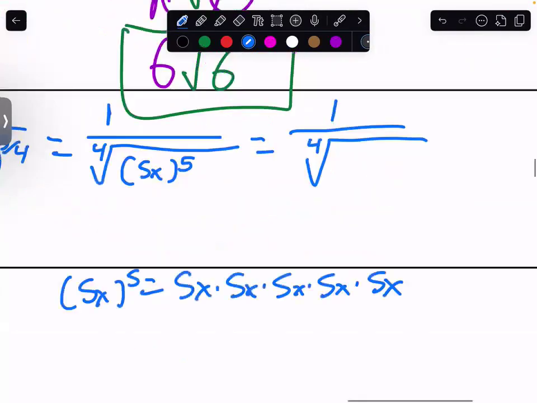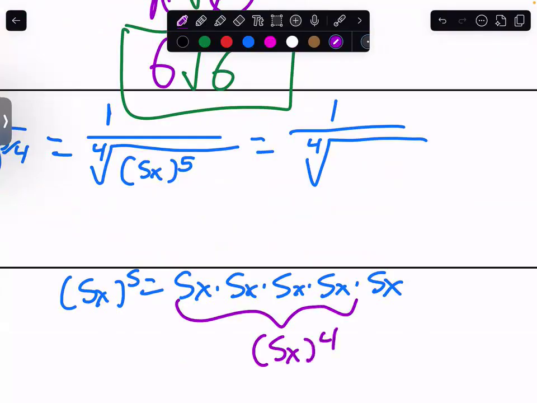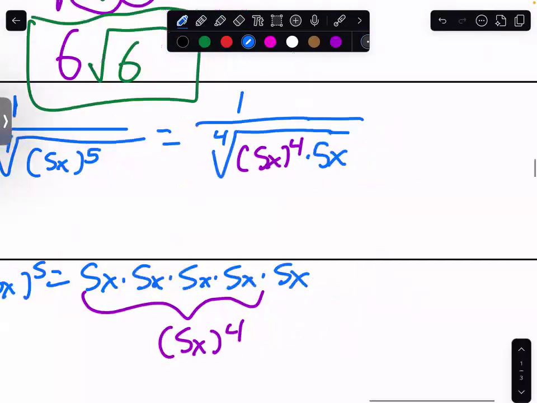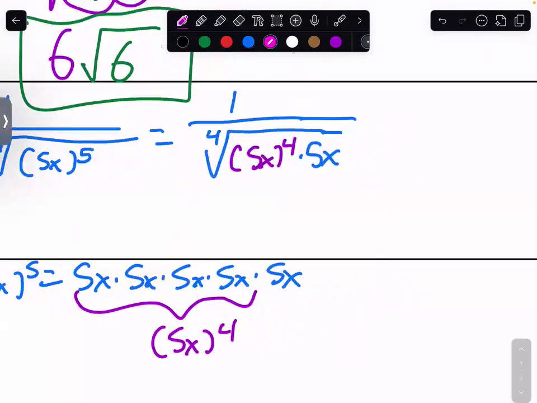So we're going to group 4 of them together into a parentheses 5x to the 4th. And then we still have one left over 5x at the end. The reason we do that is now this parentheses 5x gets to move outside because it has the correct exponent.